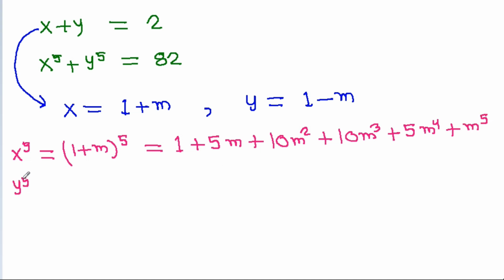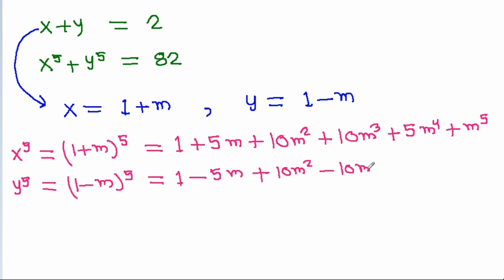And y power 5 will be equal to 1 minus m power 5, and this will be equal to 1 minus 5m plus 10m square minus 10m cube plus 5m power 4 minus m power 5.